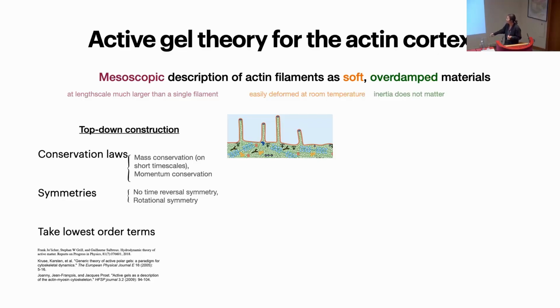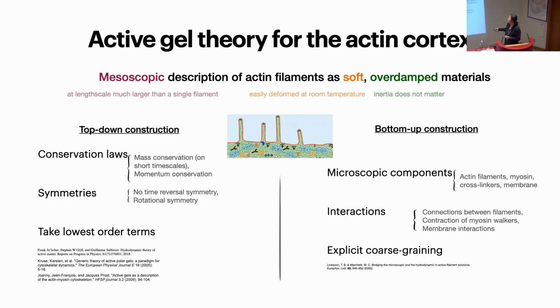So this approach, there's a huge body of literature on this, and these are only 3 of the citations. So it's been shown to work pretty well for the actin cortex. But obviously, another approach you could do is the bottom-up construction.